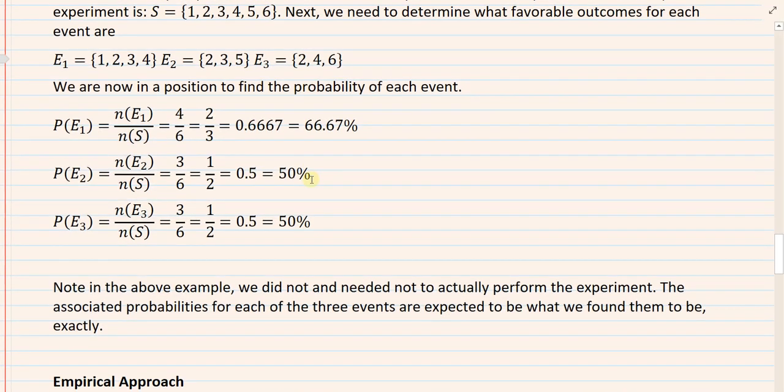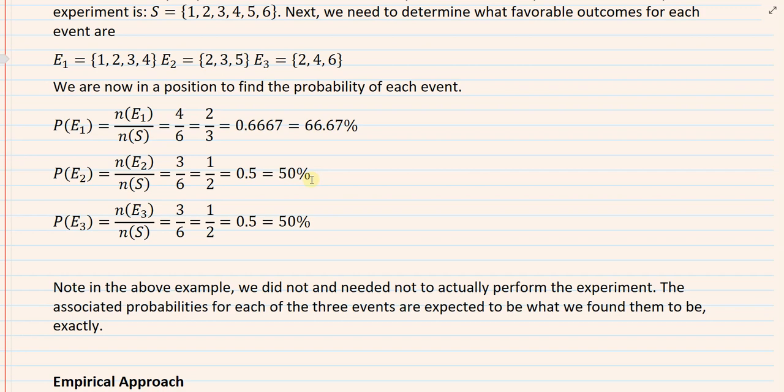Okay, now, again, I want to emphasize that with classical definition, you don't have to actually conduct the experiment. And the probabilities are exact. The reason it's exact is because you have a very definite count for the numerator, a definite count for the denominator. We're not talking about exact in the sense that you get an exact number.